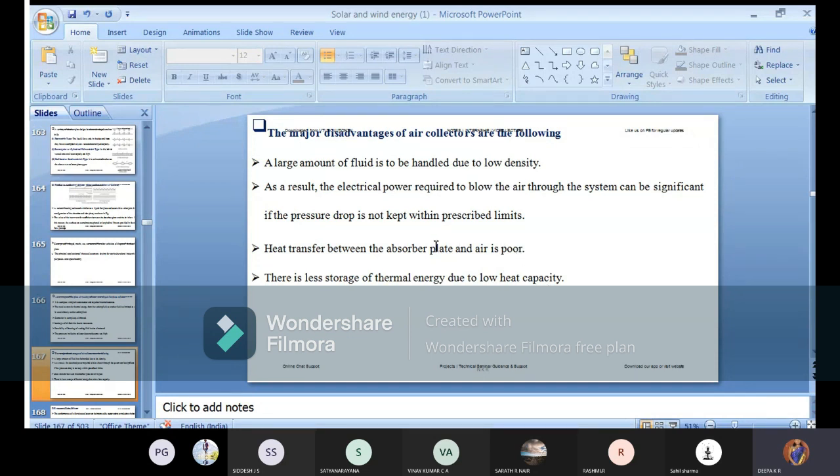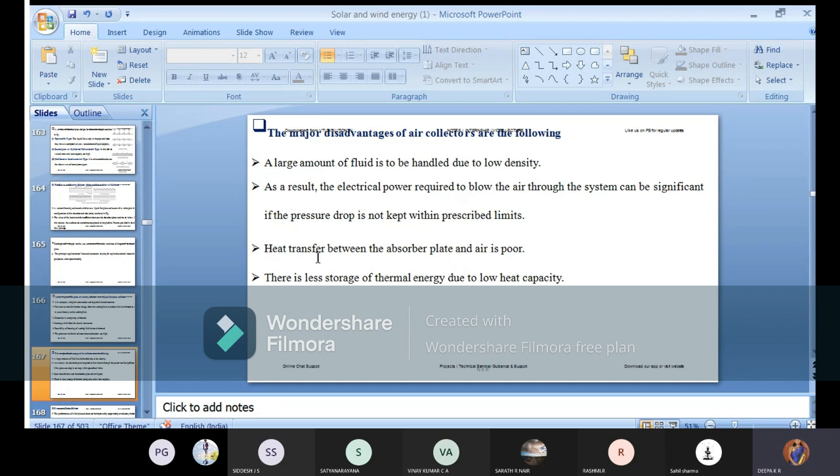If the absorption from the absorber plate to the air is poor, then your heat storing capacity will definitely reduce. So here they are majorly concentrating on the mass of air and density, how it relates to the pressure, how much heat will be transferred between your absorber and air, and finally what heat capacity you can get from the application.